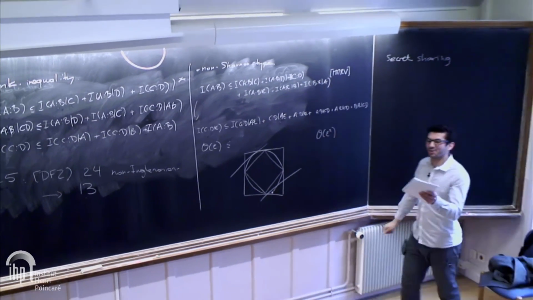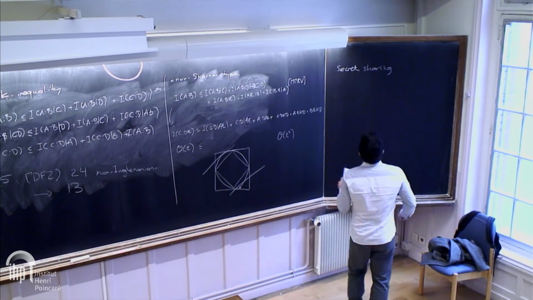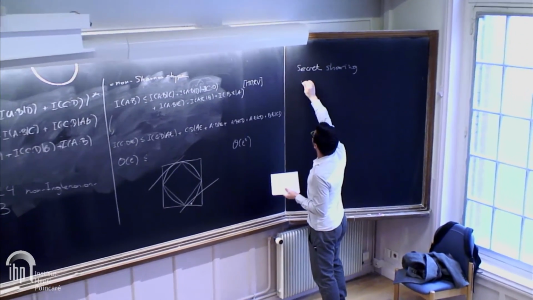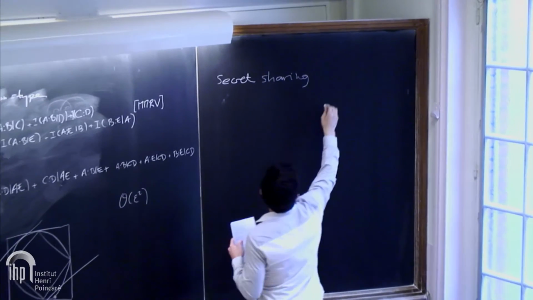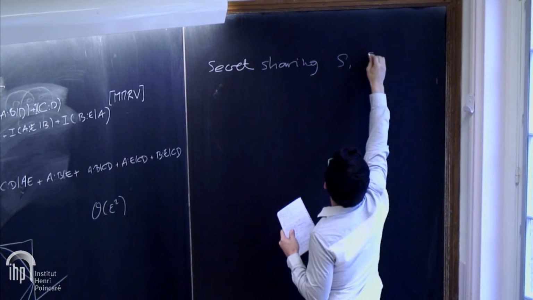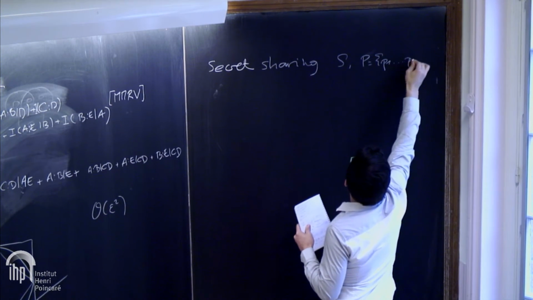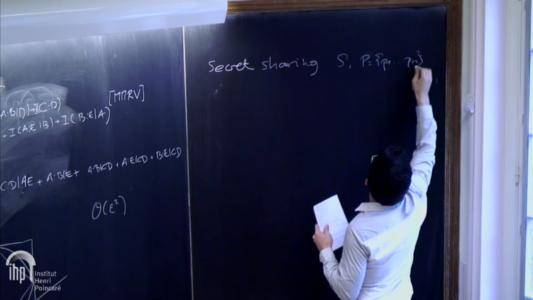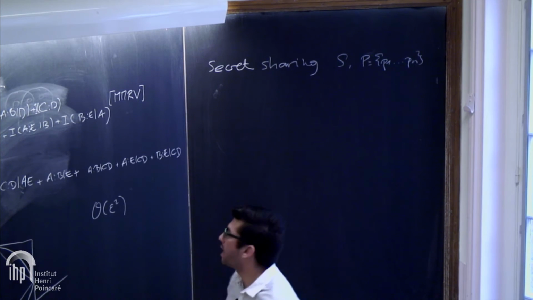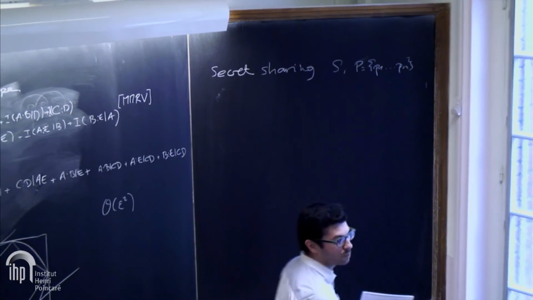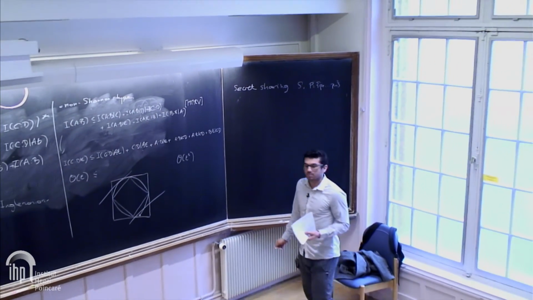For secret sharing, what's secret sharing? We have some variable that is a secret that we will call S, and we have a set P of participants. We have n participants that will be given some information, and we want that some groups get to recover the secret, and some other groups know nothing about the secret.